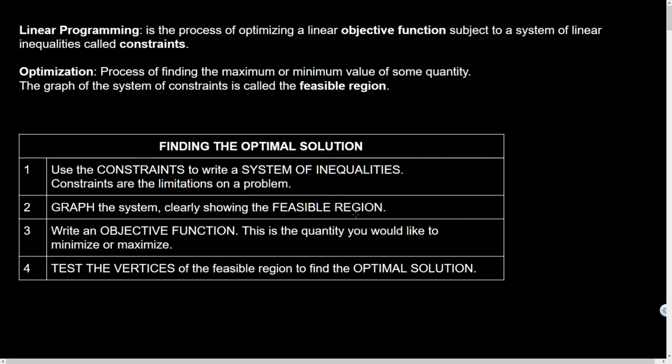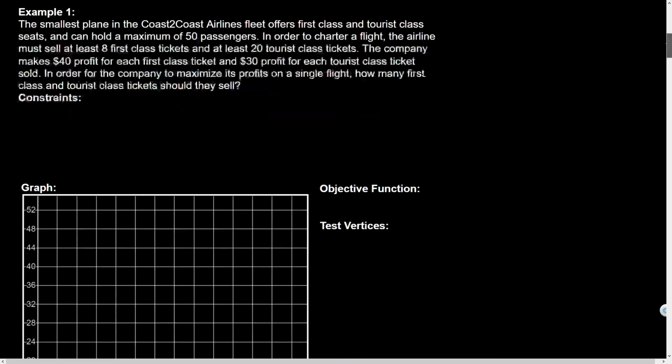The feasible region is going to be some polygonal shape, so I'm going to find all of the vertices, or corners, of that shape, and then plug those x y coordinates into the objective function and see which one gives me the best result. That's a whole bunch of new language, but let's jump in and look at an example and see how this goes.